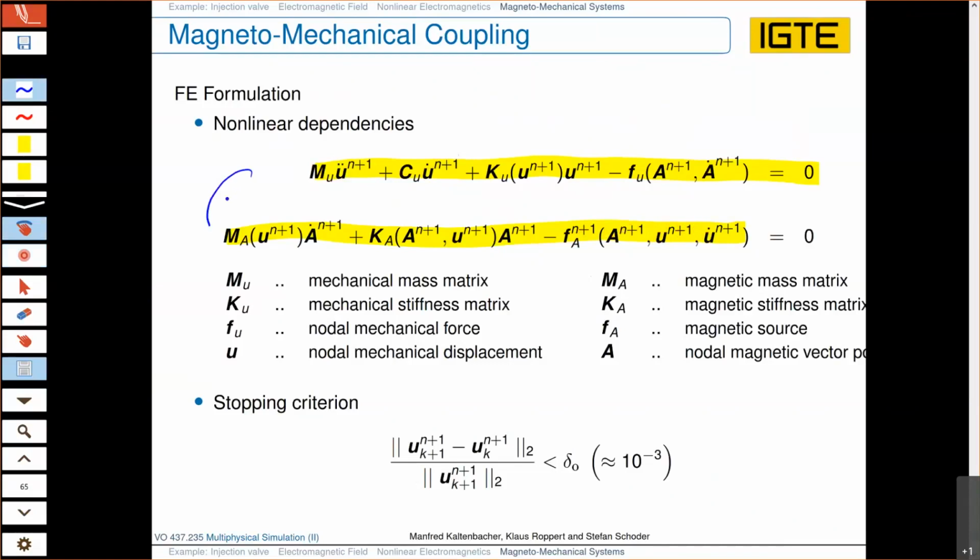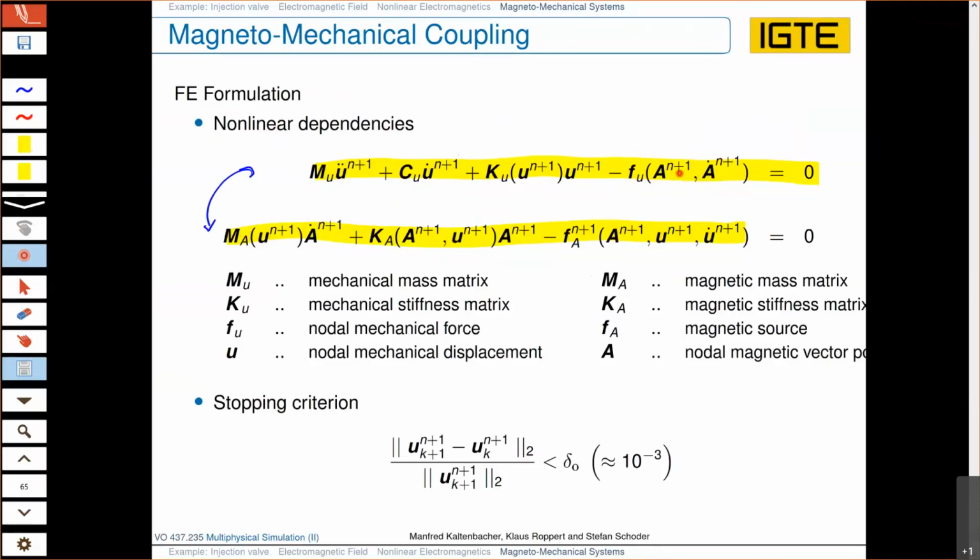We cannot solve it directly, but the main approach is to solve it iteratively, which means we first solve the magnetic equation, assume a fixed deformed state, and get the new magnetic field. For this, we then can compute the electromagnetic forces.